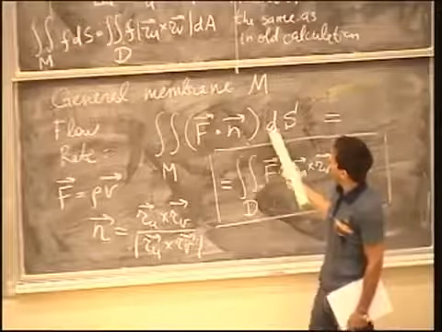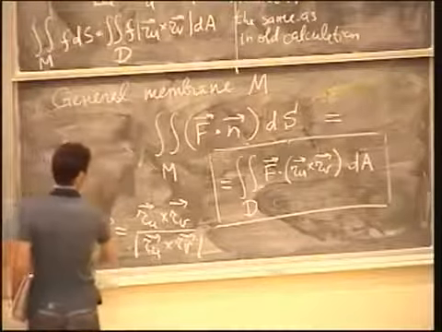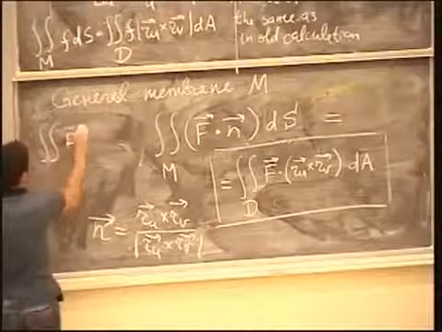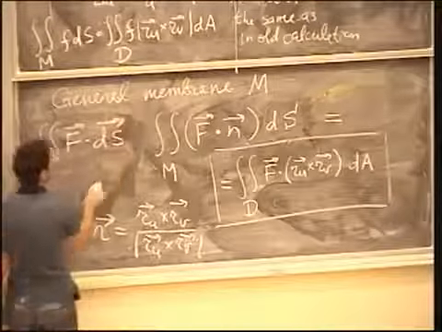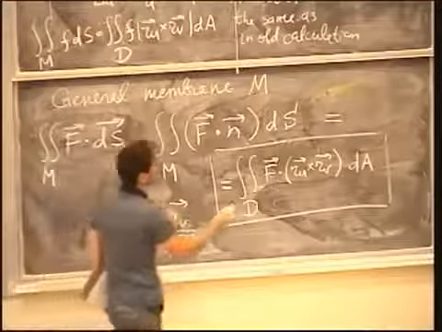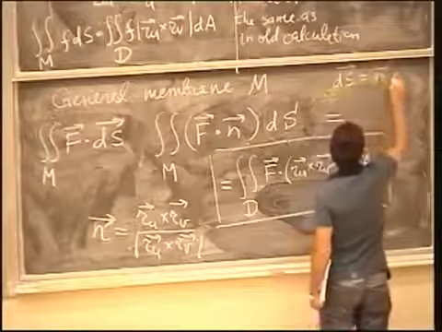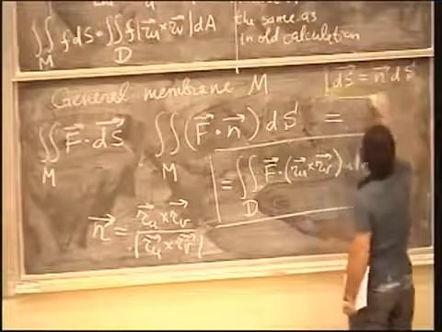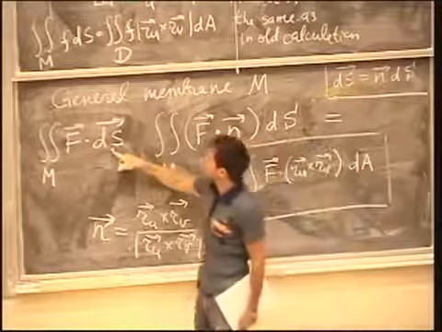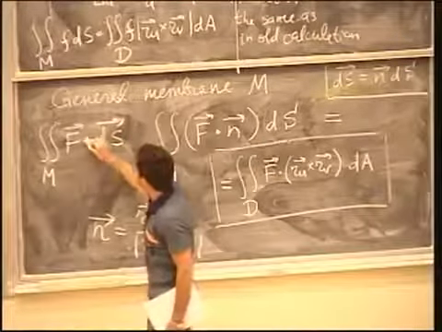But since we don't want to write it each time, we'll use a new notation for it. We will call it f dot dS, where over dS we put an arrow. In other words, we say that dS as a vector, by definition, is n times dS. If we do that, then we can combine these two guys into a single symbol, dS with a vector over it. And what we're doing is taking the dot product of f with dS.